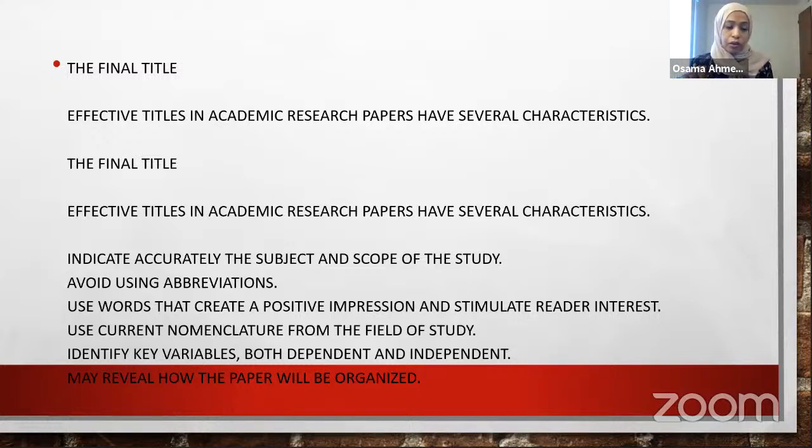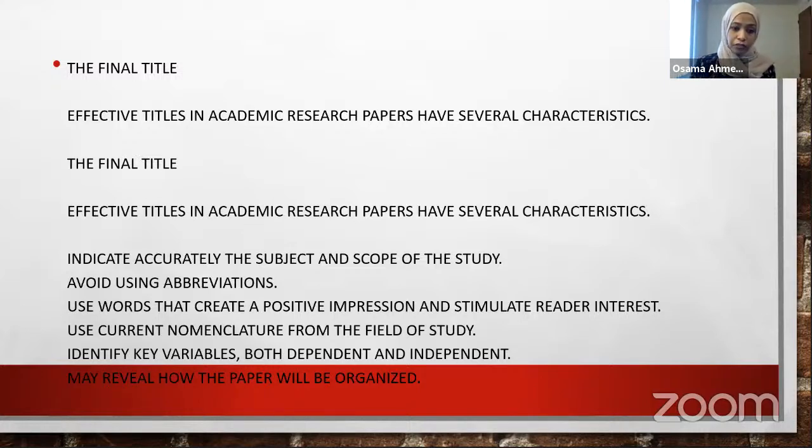All right, so it indicates the subject and the scope of your study, and you need to avoid using any abbreviations except the ones that are commonly used in your topic. Use words that create a positive impression and stimulate the reader's interest.